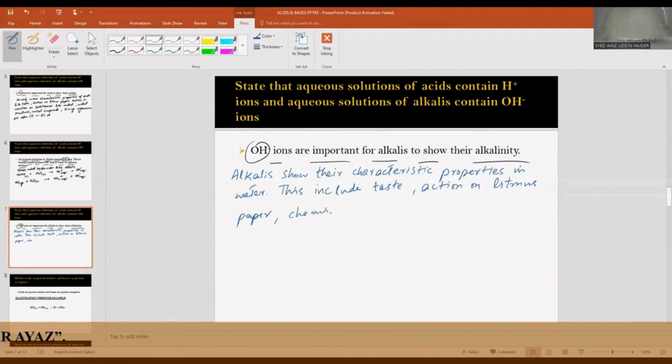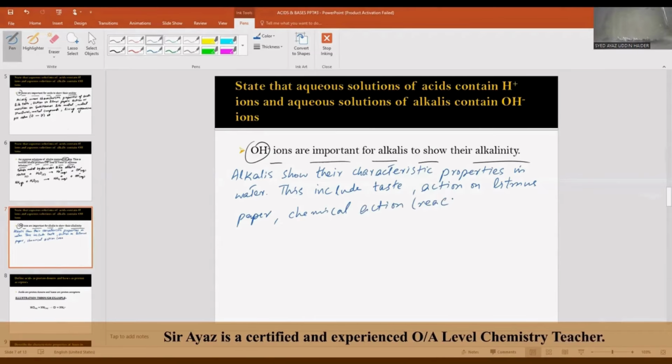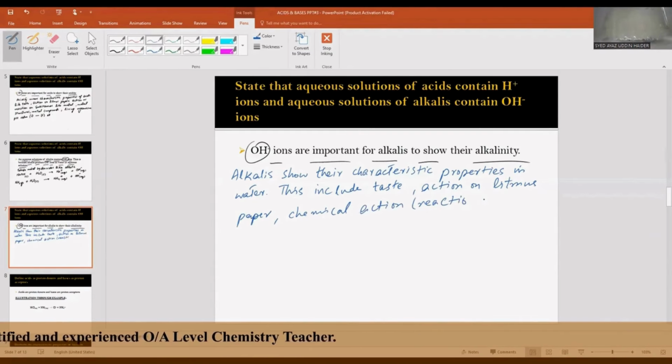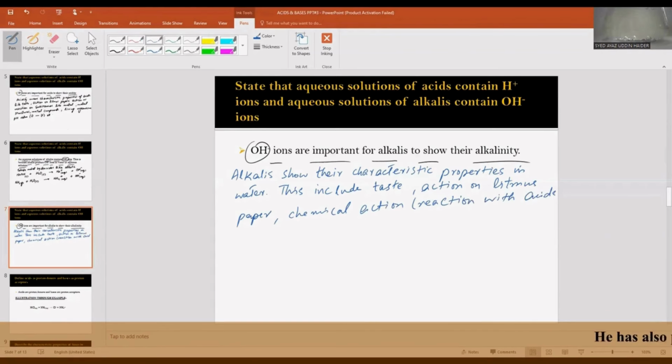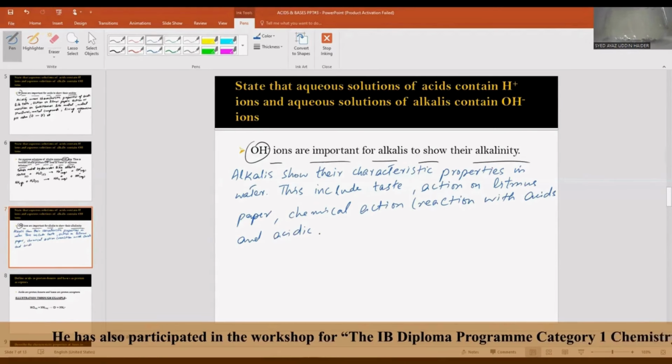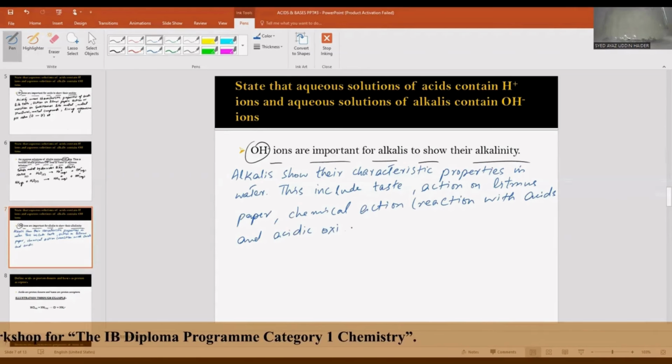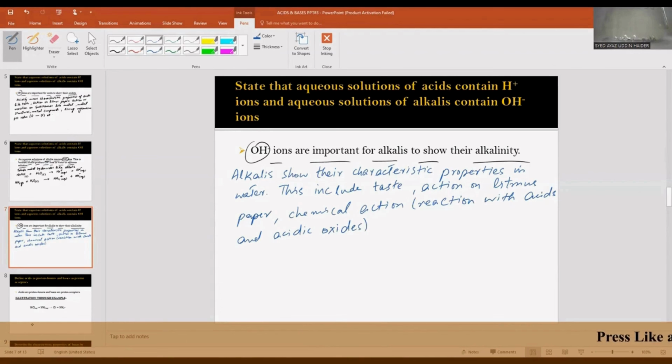Chemical action means reaction with acids and acidic oxides. They will definitely neutralize the action of acids and acidic oxides due to the presence of this OH negative ion.